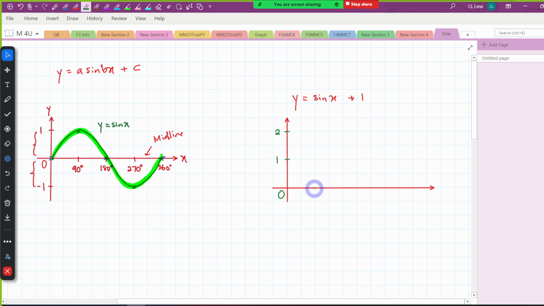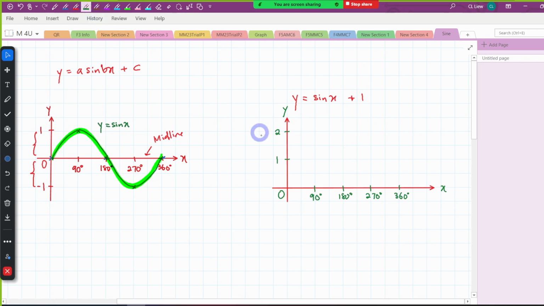So here also the same thing: 90, 180 degrees, 270, and 360. 90 degrees, 180 degrees, 270 degrees, and 360 degrees. So this is x, this is y. We just need to plot the critical points, and then we just connect all of them together.